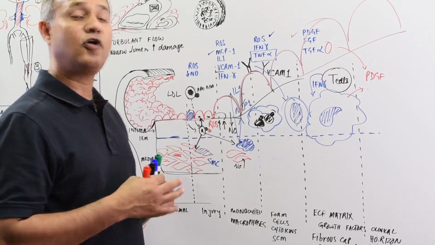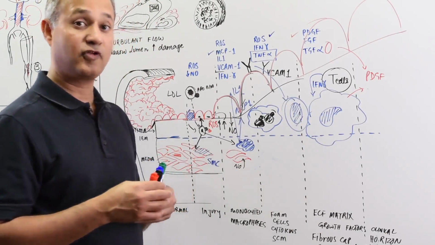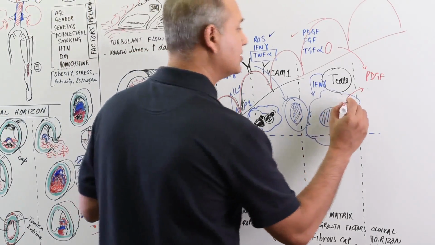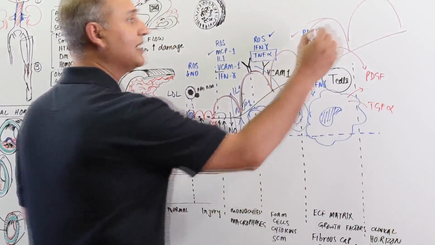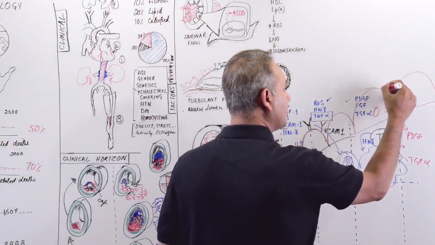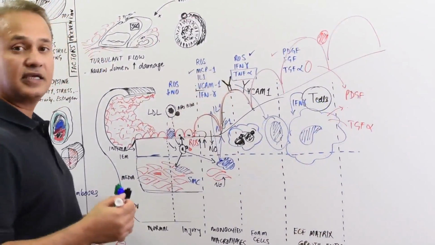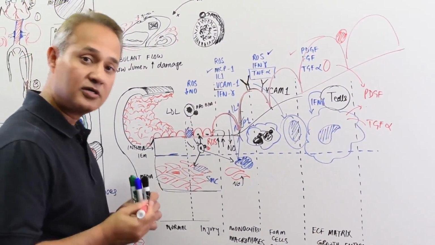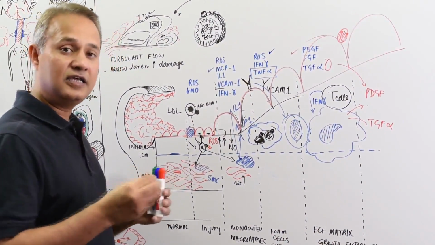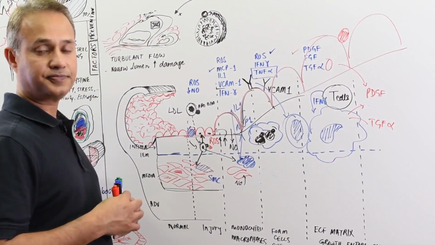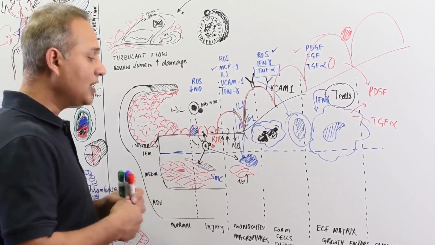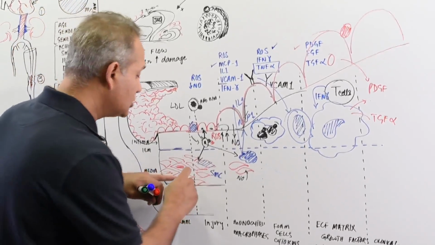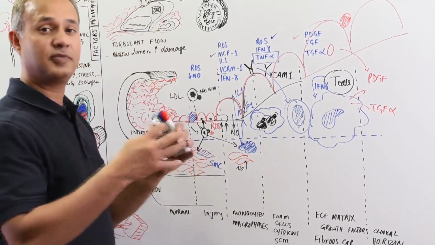Then there are transforming growth factor alpha from macrophages that are being released. In short, the platelets and the other cells present in the site of the atheroma increase the release of growth factors. Now that growth factor increase will cause the smooth muscle cells to start becoming proliferated.